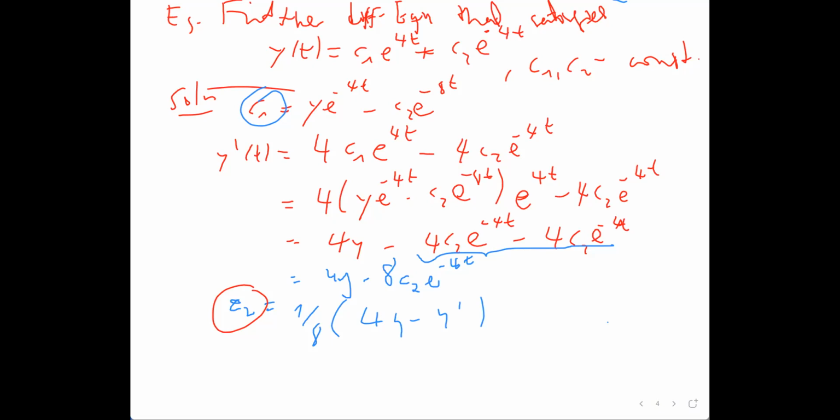We know c1 is given by this, so c1 will be y e^(-4t) minus c2, which is 1/8 of (4y minus y'), all times e^(-8t).